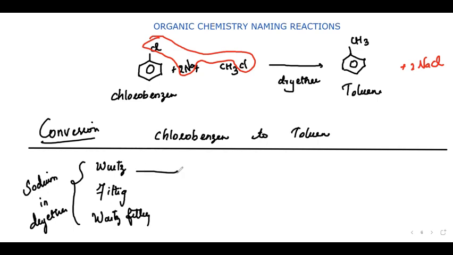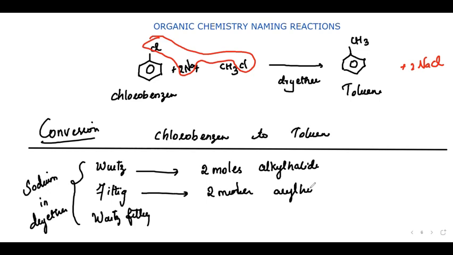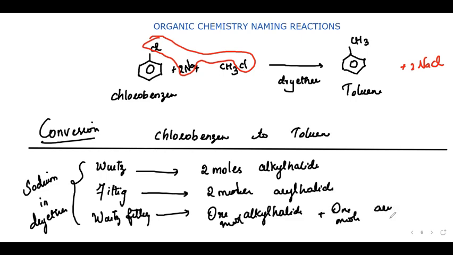So what are we going to take here? 2 moles of alkyl halide here, 2 moles of aryl halide here. What are we going to do in Wurtz-Fittig? 1 mole of alkyl halide and 1 mole of aryl halide. Take both. So in all these cases, it will be converted into a hydrocarbon.